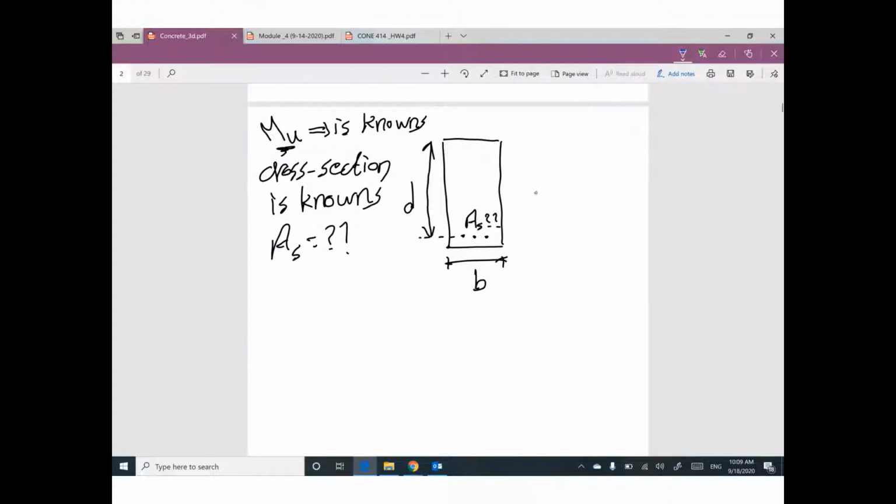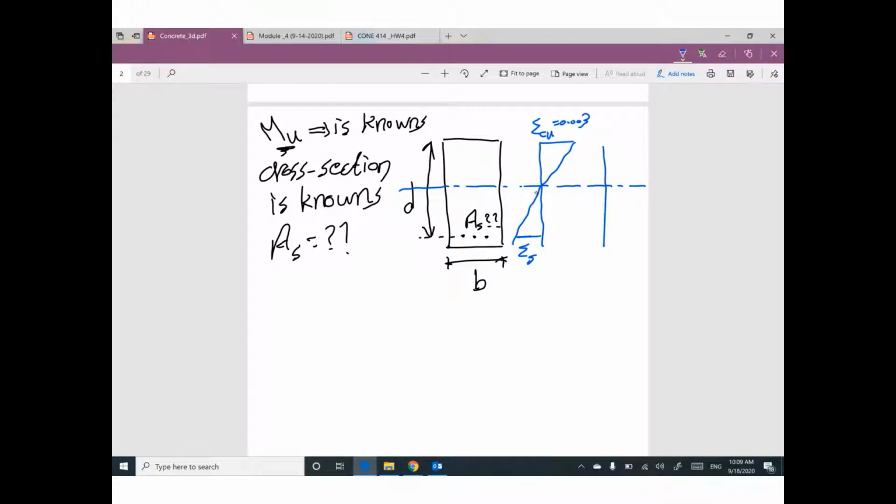Between reinforcement and concrete on the top side of the cross section, we have something called neutral axis. We have strain distribution. We learned all of this stuff before. Epsilon steel and epsilon concrete, which is 0.003. We have stress distribution.